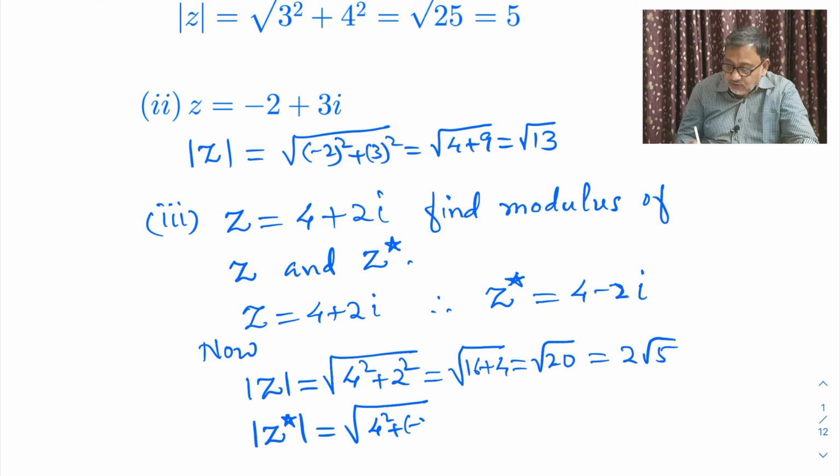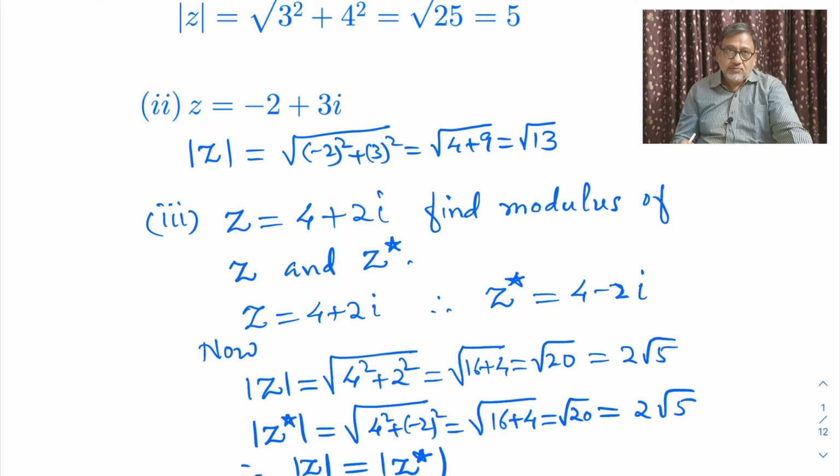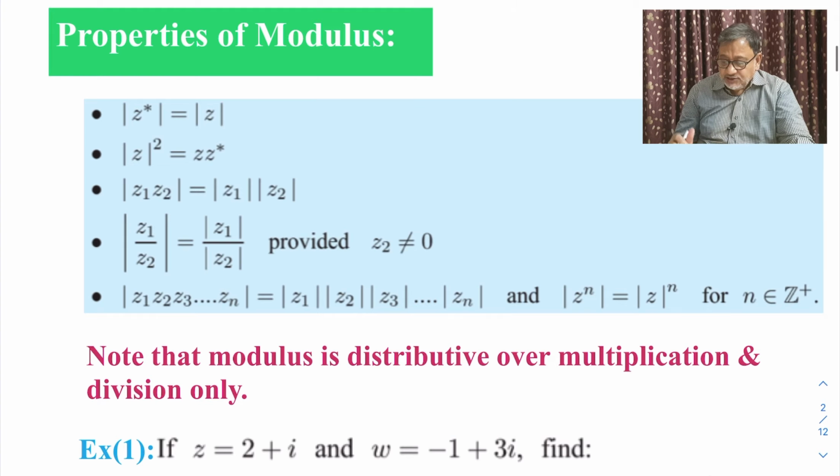The square root of 4 squared plus (-2) squared, so 16 plus 4, which is 20, so it is equal to 2 root 5. Therefore the modulus of z is the same as the modulus of z conjugate, right? This is one of the properties of the modulus, that the modulus of a complex number and the modulus of its conjugate are the same.